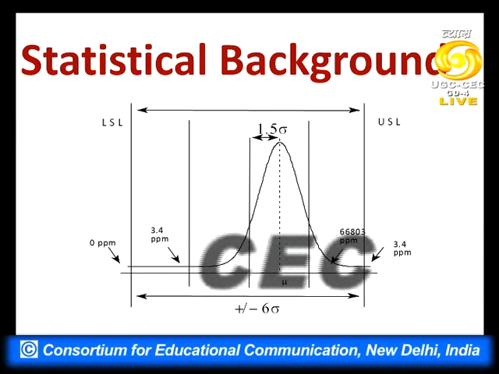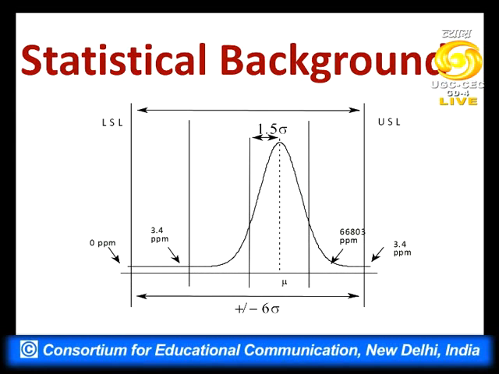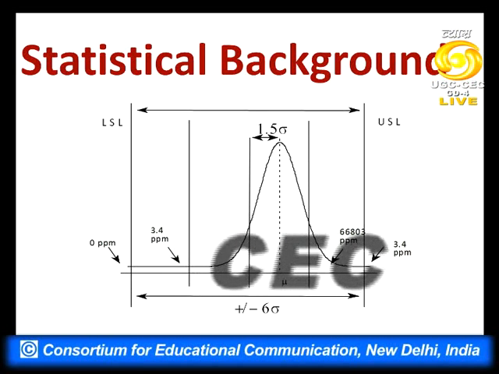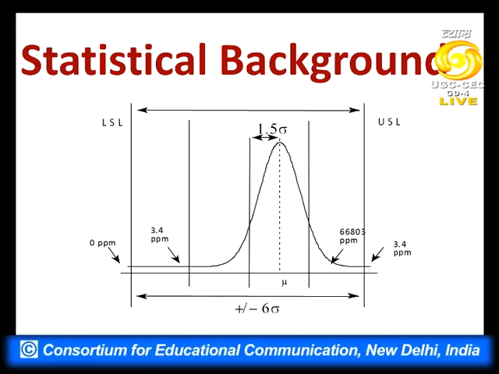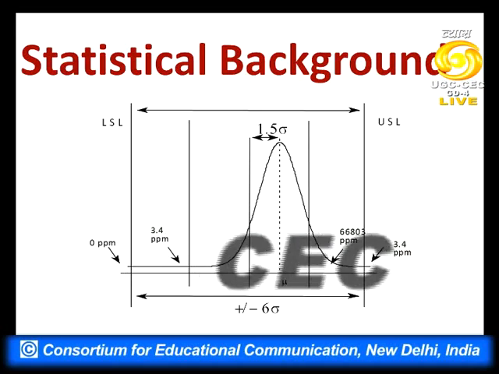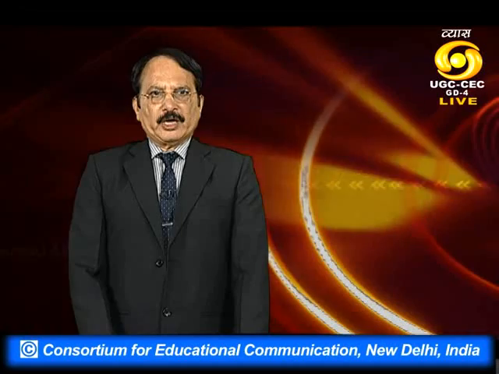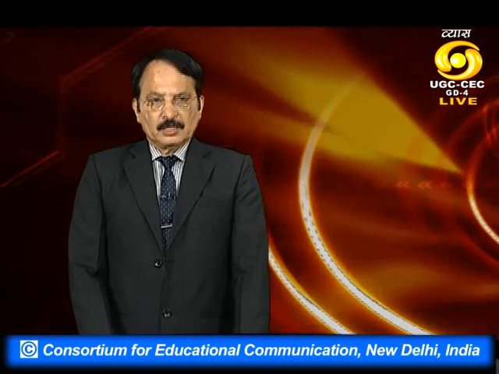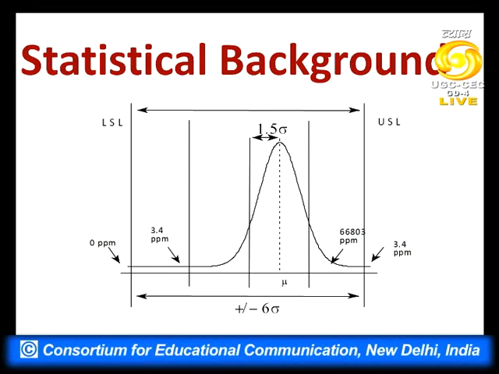Our customer specified limits remain as such, LSL and USL spread over plus minus 6 sigma, but our process is only spreading around plus minus 3 sigma. Now, we have shown that the mean has been shifted by 1.5 sigma, and this has been shown by a dotted line, and the mu is written on this dotted line.